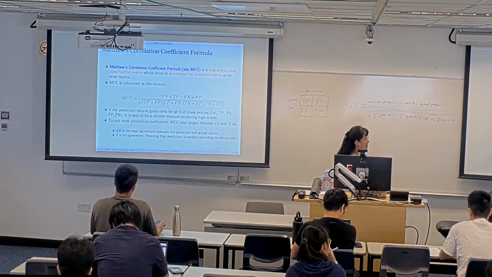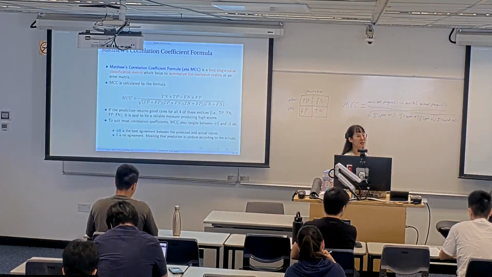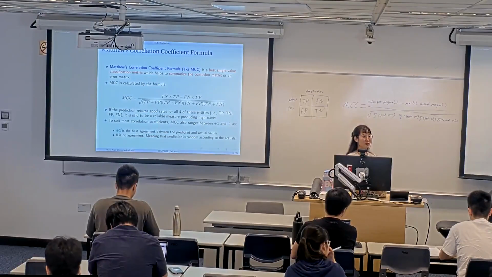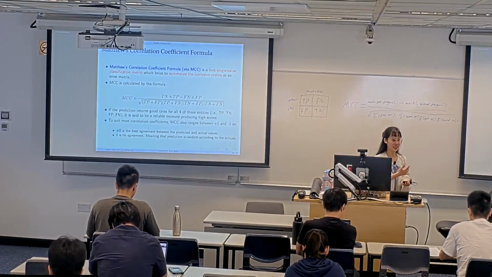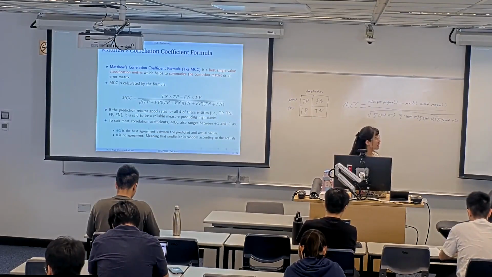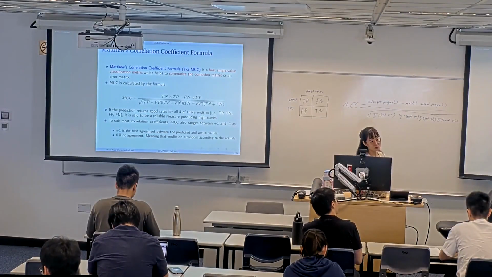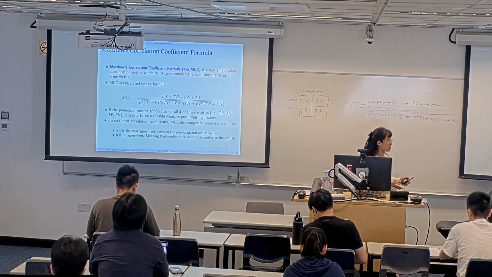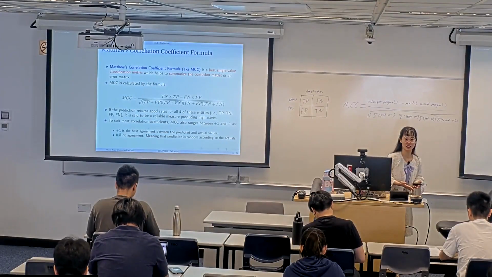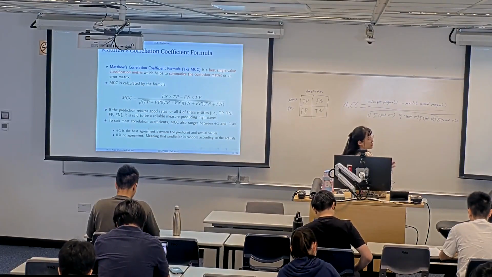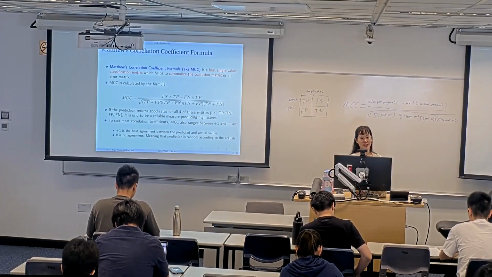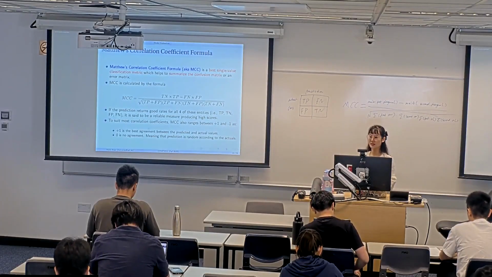And if MCC is -1, somehow it's also good for us because we simply reverse the prediction, right? You simply reverse the prediction, then you can get everything correct. The worst case actually is MCC equal to 0, because there's no agreement. That's basically random prediction. So this is the meaning of the MCC score, right? Very good. So any question regarding this MCC score?